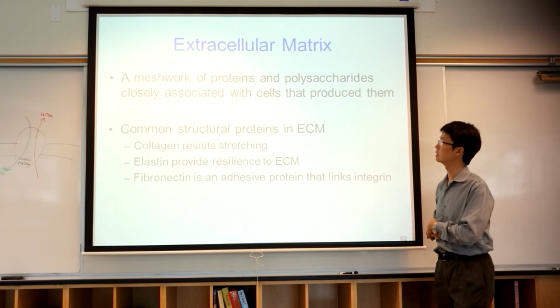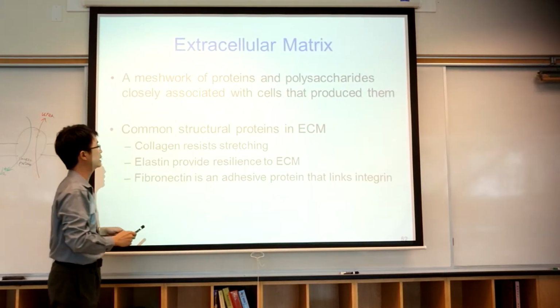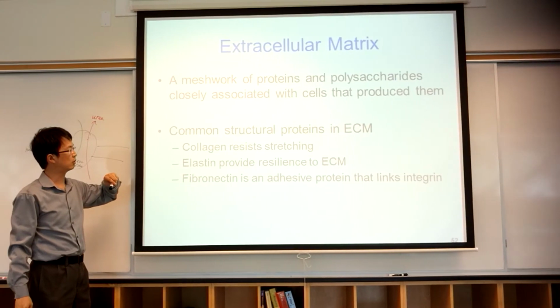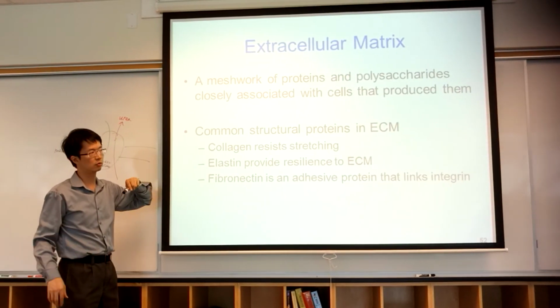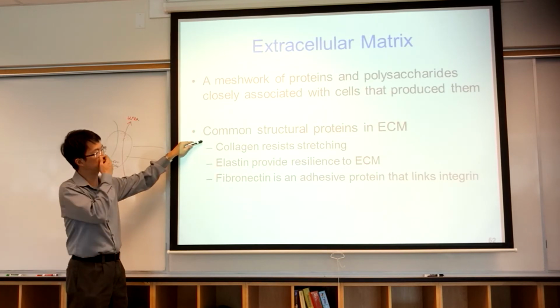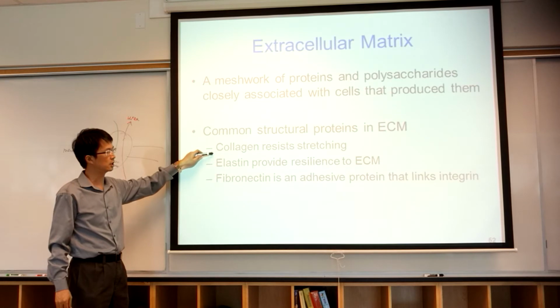Extracellular matrix is composed of proteins, polysaccharides, and most importantly, they also have a lot of water. An example of the protein that you can find in the ECM is collagen.